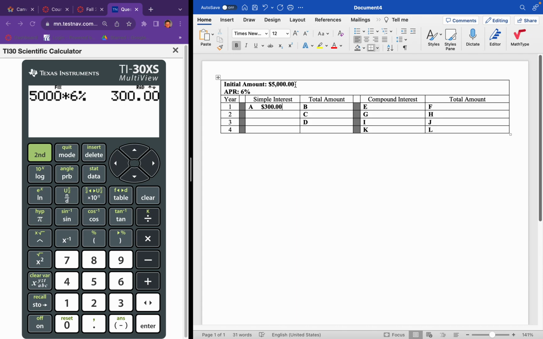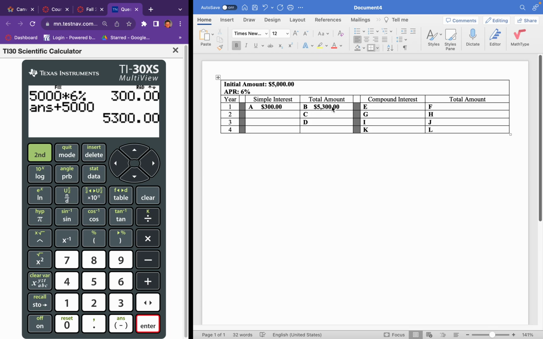Then we're going to take the $5,000 and we're going to add it to $300. And when the year ends, there will be $5,300 in the account. And the thing is from that point forward, we're going to add $300 every time.